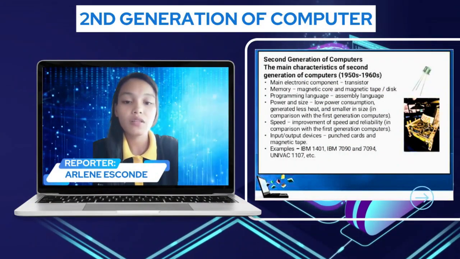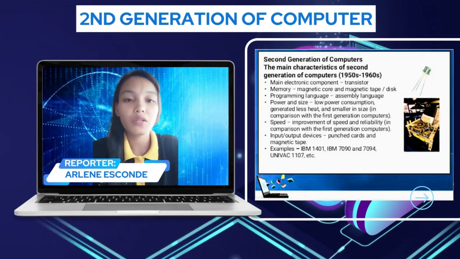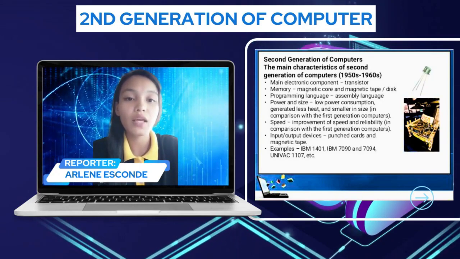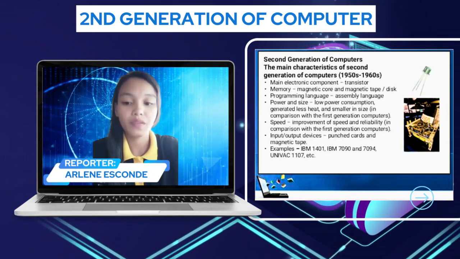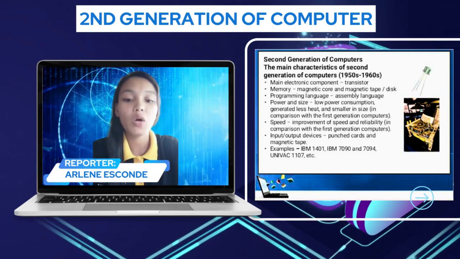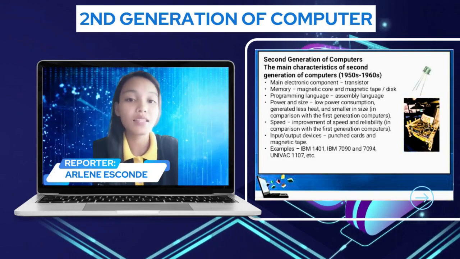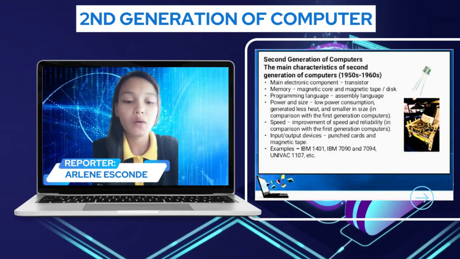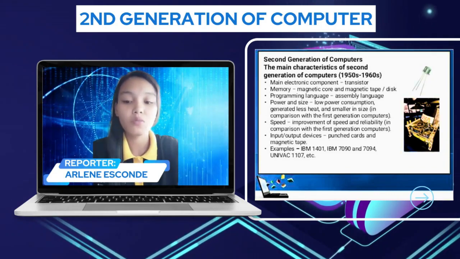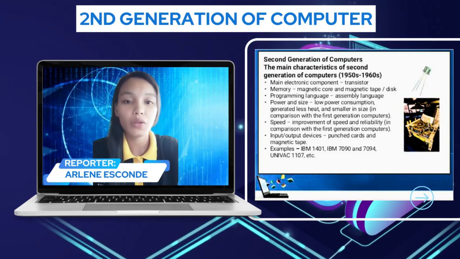Second generation of computers. The main characteristics of the second generation of computers, 1950s to 1960s: main electronic component, transistor. Memory, magnetic core and magnetic tape or disk. Programming language, assembly language. Power and size, low power consumption, least heat and smaller in size in comparison with the first generation computers.